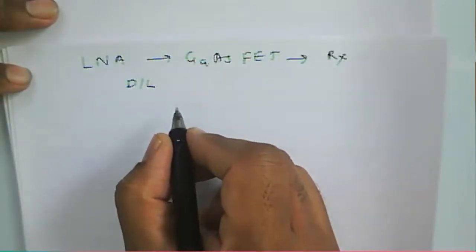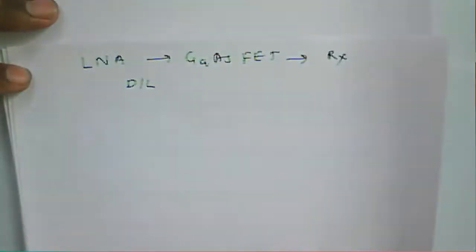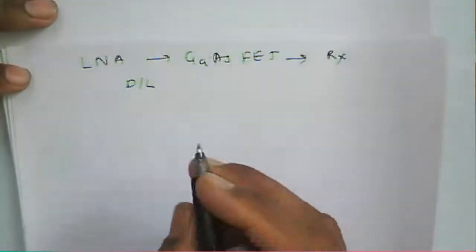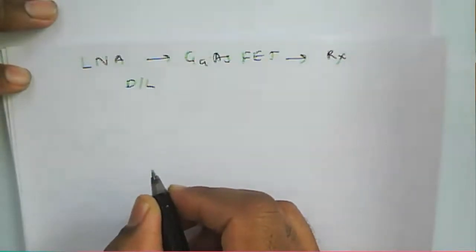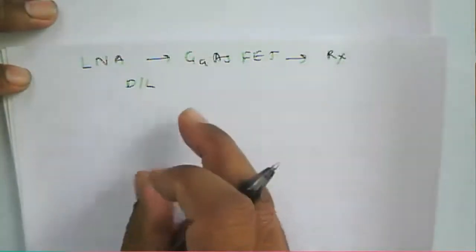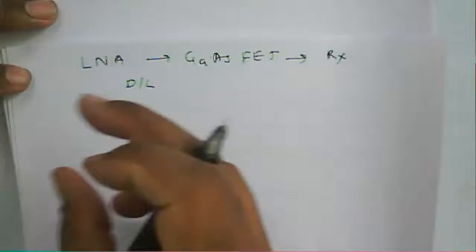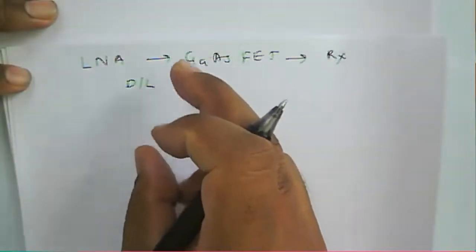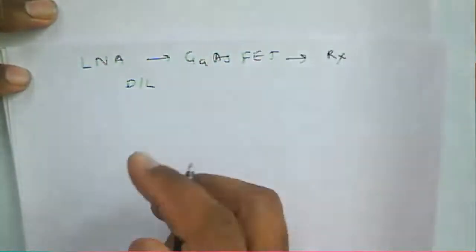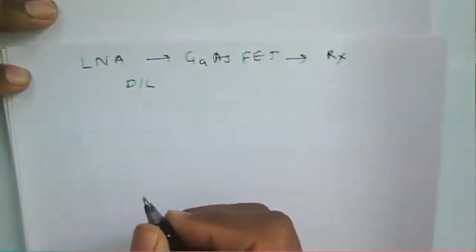If you reduce the noise temperature and the size of the antenna, then we can improve the performance of a low noise amplifier.